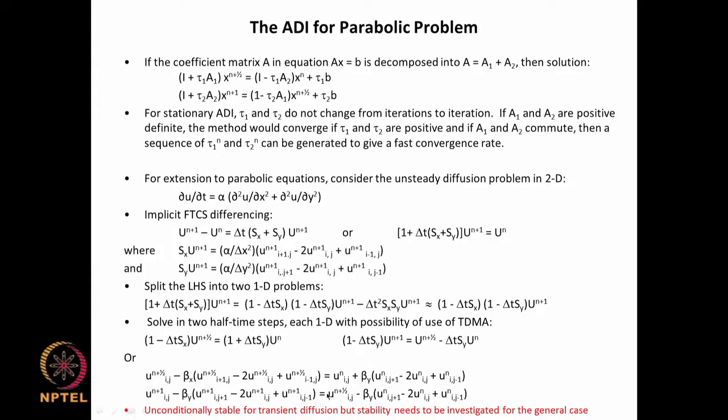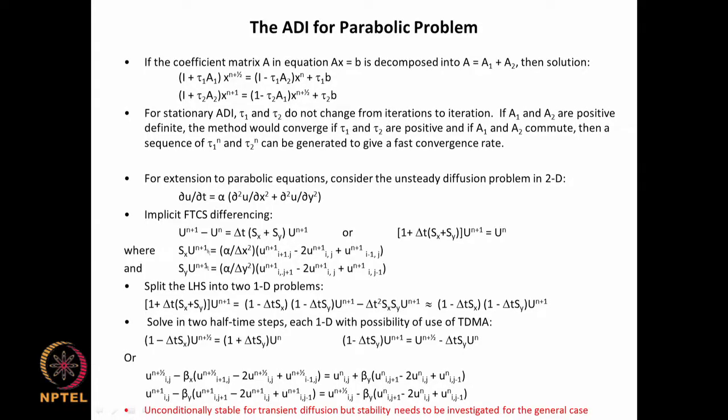Even in 3D we can extend this and have 3 successive 1D solutions, but the stability is guaranteed for transient diffusion. But if you bring in some advection terms into this, then we have to look for stability and we have to see whether it is stable or not. So, for the general case where you have other terms that are coming, then we have to look at the stability.